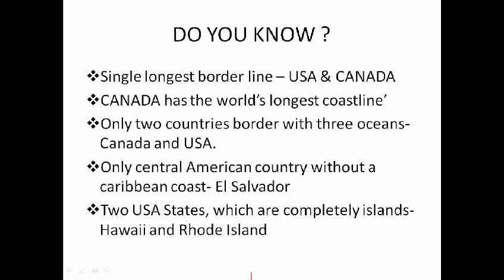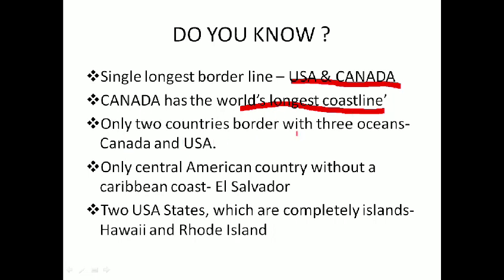Single longest borderline means two countries having the longest borderline in the world, and that is USA and Canada. Now Canada has the world's longest coastline. Canada is the second largest country by area, and it has the longest coastline.